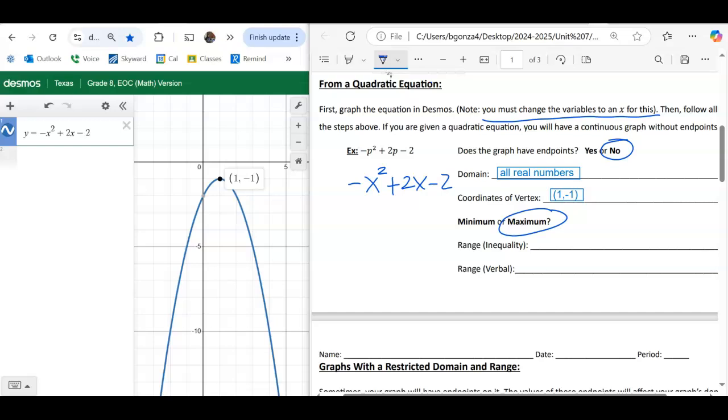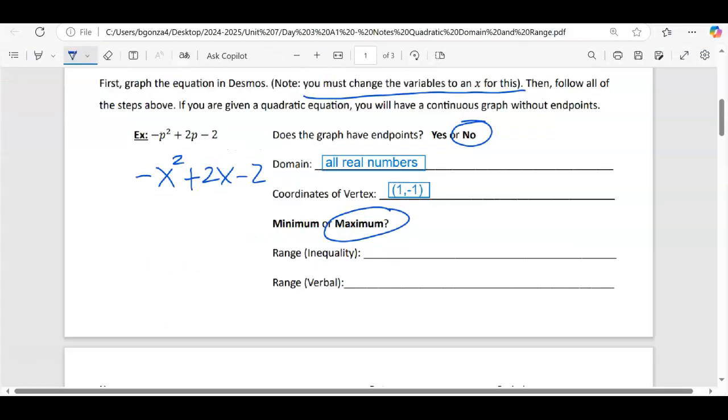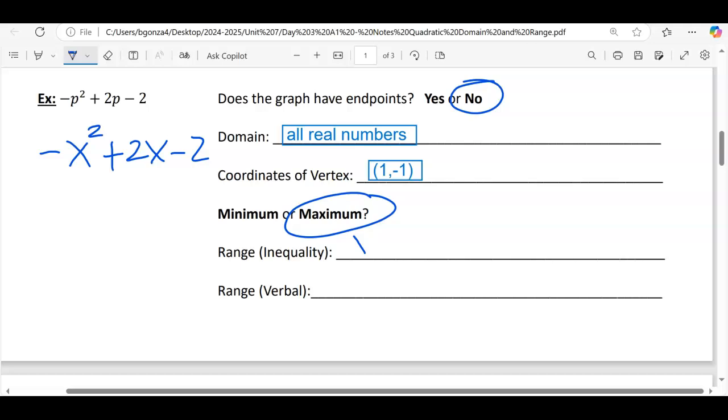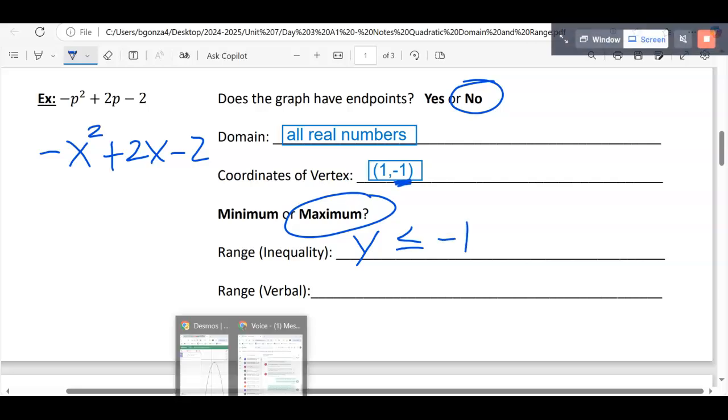Another way to say below is less than. So again, if you have the max, you're going to tell me that the range is less than that. So here's how we write it. I'm going to make this bigger. y is less than or equal to the y value of the graph, which was -1.